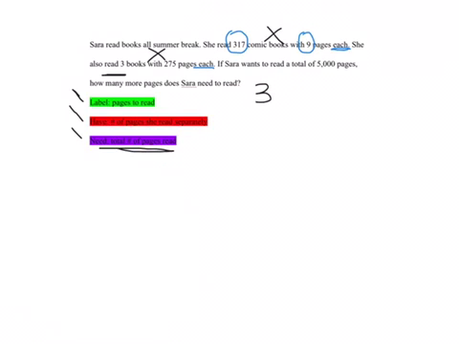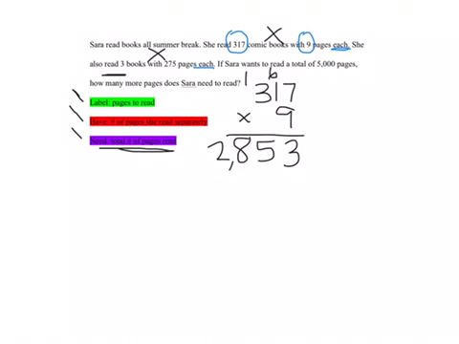She read 317 comic books with 9 pages each. 9 times 7 is 63. 9 times 1 is 9, plus 6 more is 15. 9 times 3 is 27, plus 1 more is 28. Okay, so that's the comic book pages she read.